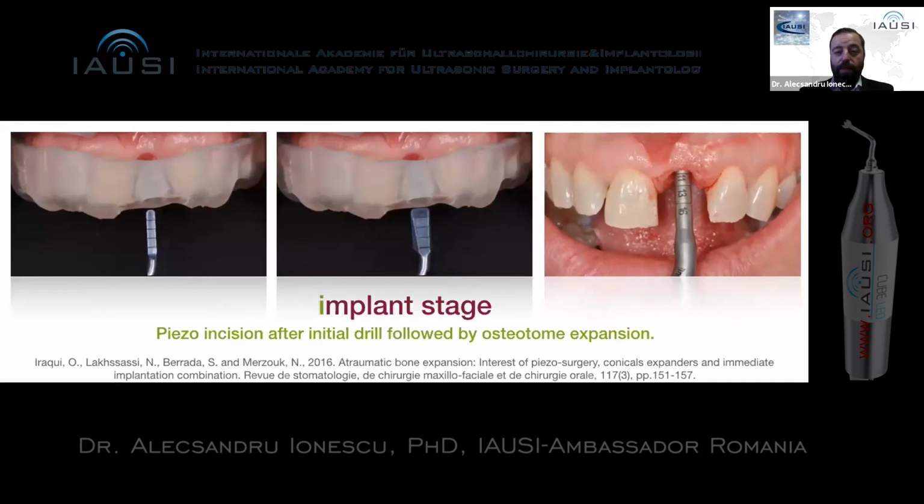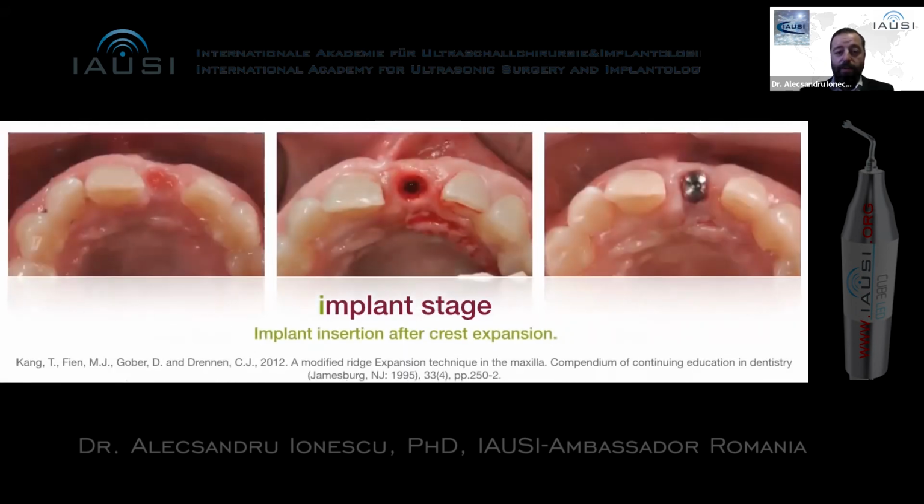Then we used also the old-fashioned manual osteotome for the final diameter of the implant, because the bone was already cut by the piezo. And this is how we enlarge the crest and place the flapless implant.